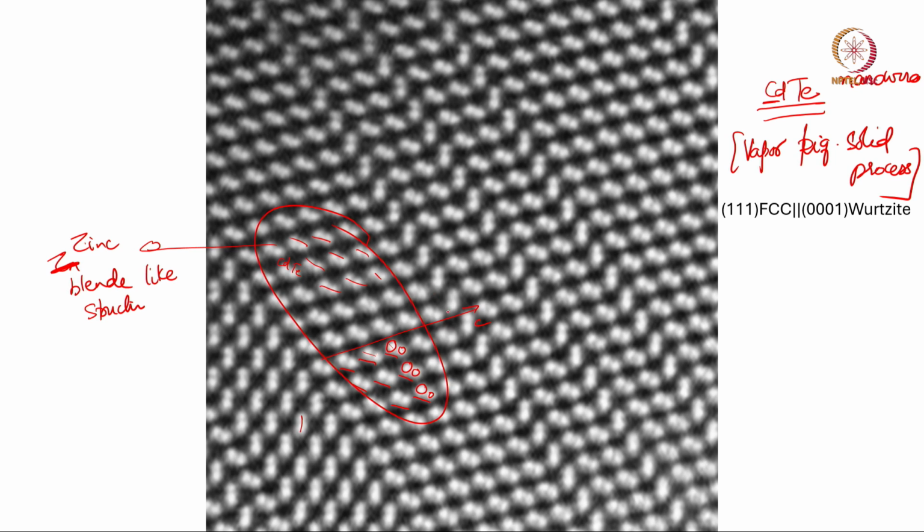But very coherently and immediately it changes to a stacking where along the C axis I have a dumbbell, let us say this is cadmium, this is tellurium. So, this is again cadmium, but this is tellurium. Again here this is cadmium, this is tellurium, cadmium, tellurium, and then again cadmium, tellurium, right.